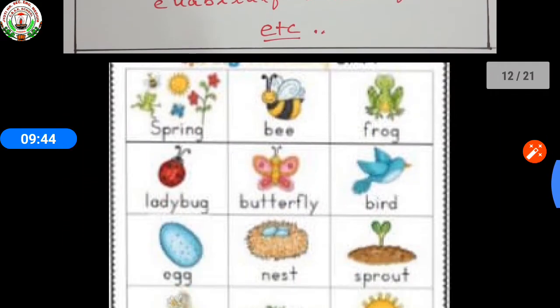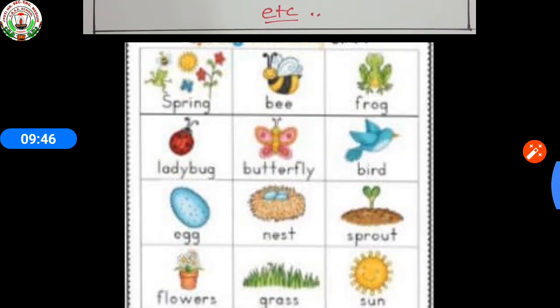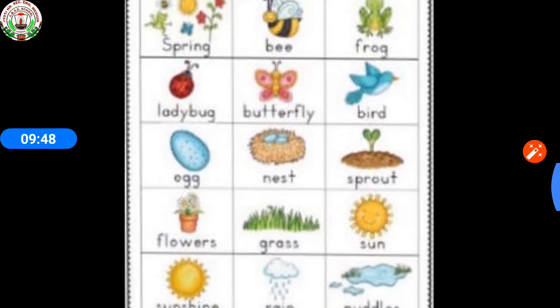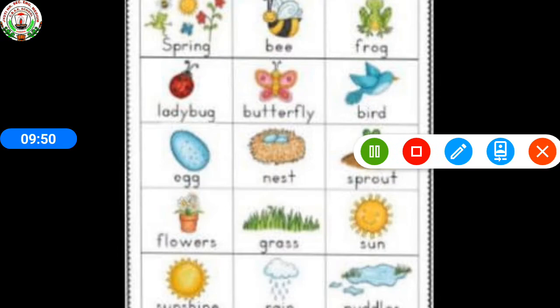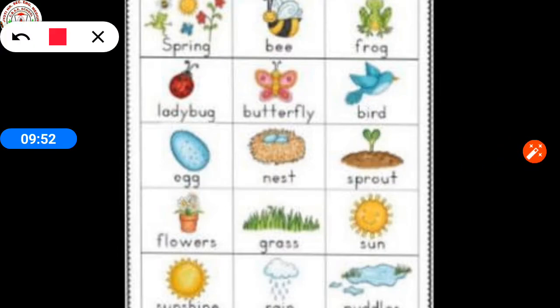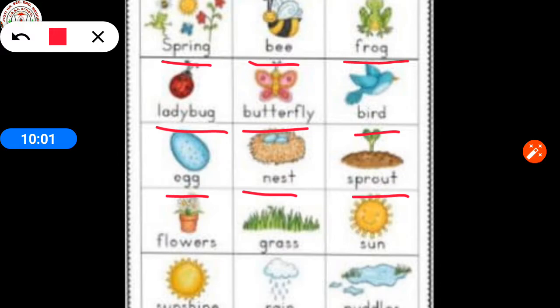See the other examples of words. Spring, bee, frog, ladybug, butterfly, bird, egg, nest, sprout, flowers, grass, sun. So, these types of examples are related to words.